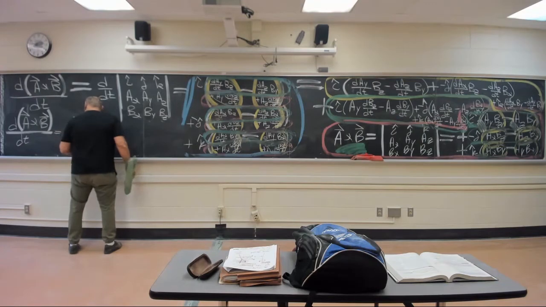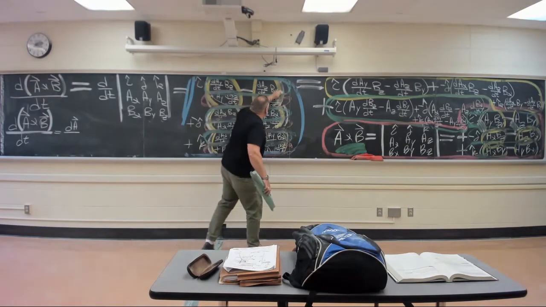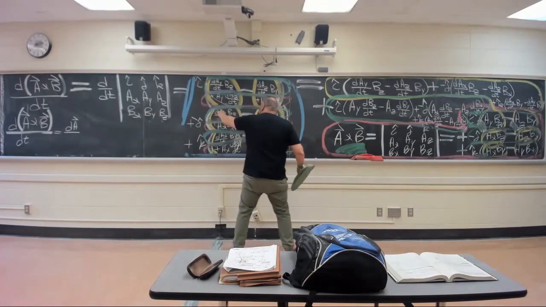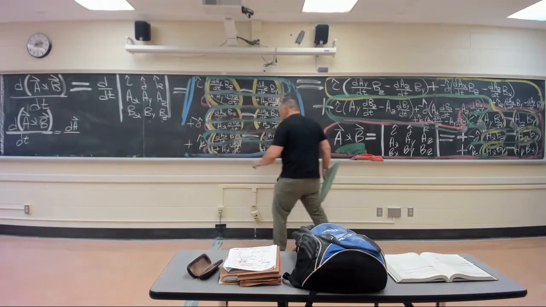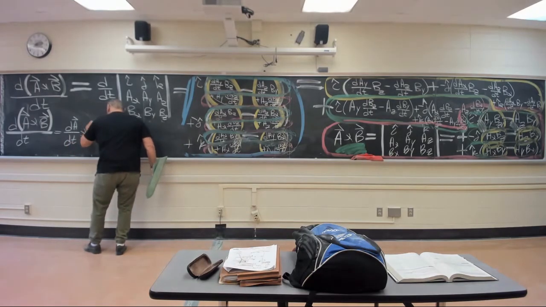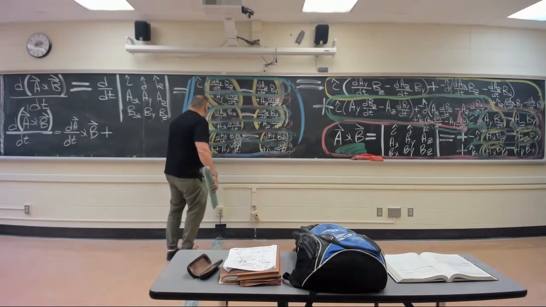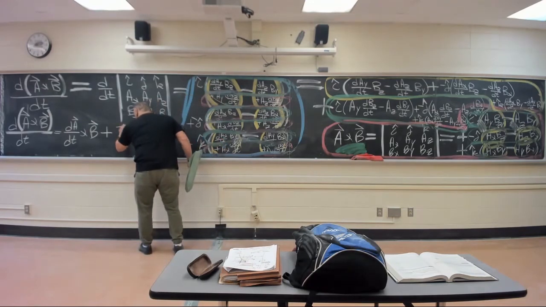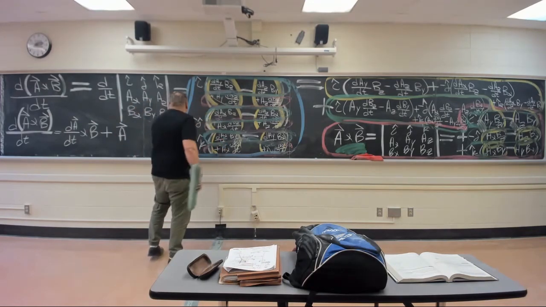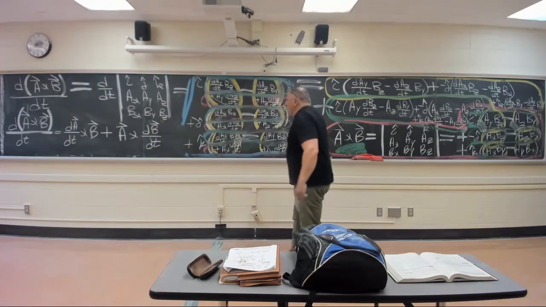The first vector, the one on top that I got circled, plus the second top circled, plus the third top circled, is this guy. The bottom part circled, plus this bottom part circled, plus that bottom part circled, is this guy. Absolutely true.